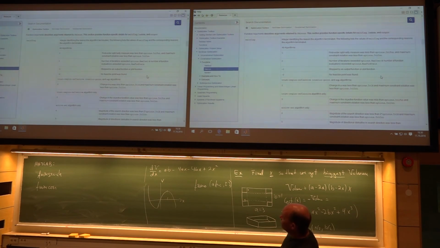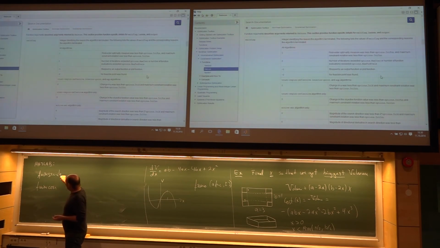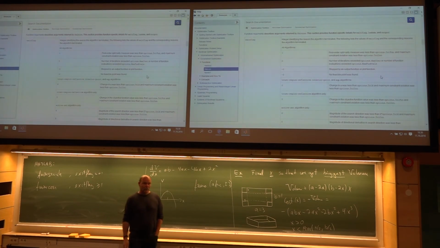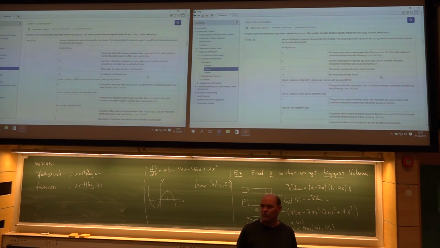Negative, it has crashed. But then it has 2, 3, 4, 5, so it has still found possible solutions there as well. So if you use this one, you will use exit flag has to be equal 1. If you use that one, you say exit flag has to be bigger or equal 1 to believe that you have found a solution, to use the solution.